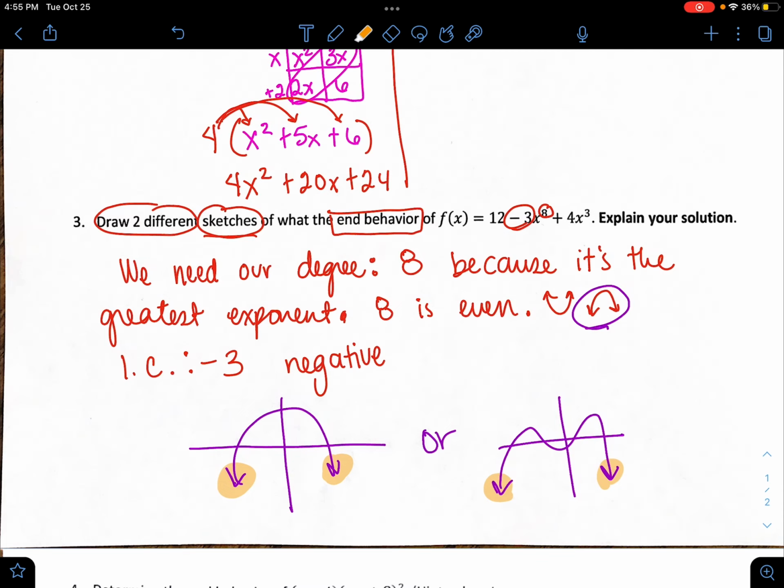Okay, if it's even, both are going down or up. If it's odd, so let's put a bubble here. If it's odd, then it's going like this if it's increasing, or it's going like this if it's decreasing.